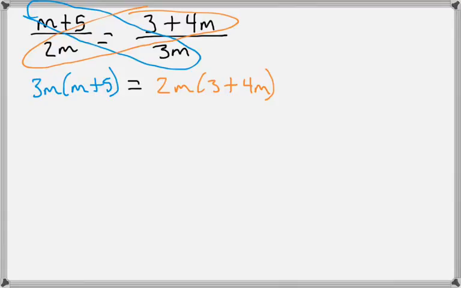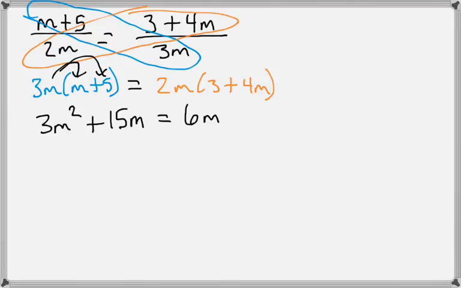Now it becomes a matter of just solving. So I have parentheses, so I need to go ahead and distribute to get rid of them. Here on the left, I have 3m squared plus 15m. And on the right, I have 6m plus 8m squared. Now I can go ahead and combine like terms. So here I can subtract the 3m squared to the other side.